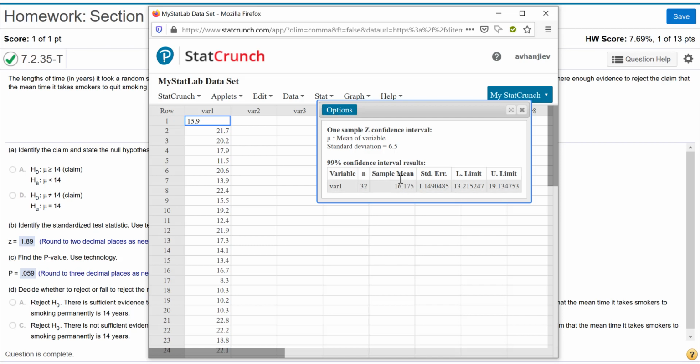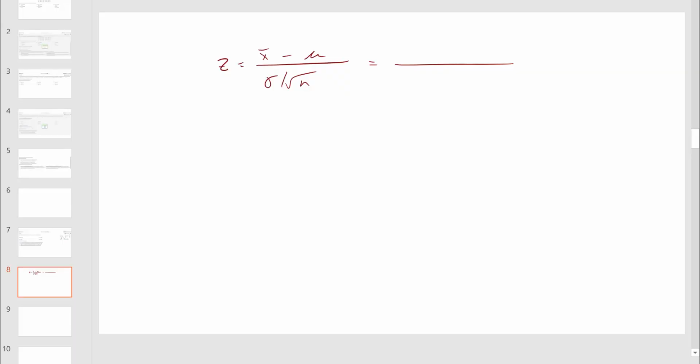So now let me go for the z-score here. Jumping back to my little PowerPoint presentation, this is going to be 16.175 minus 14 over the standard deviation divided by the square root of 32. So the top should be 2.175. This is just the subtraction on the top. And now I'm going to punch that into a calculator.